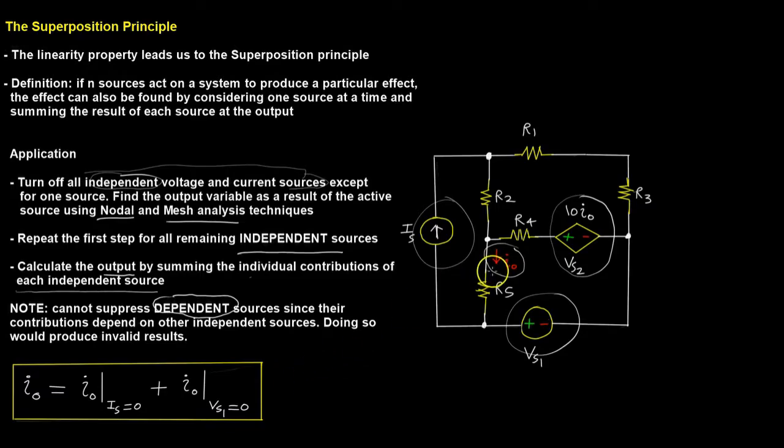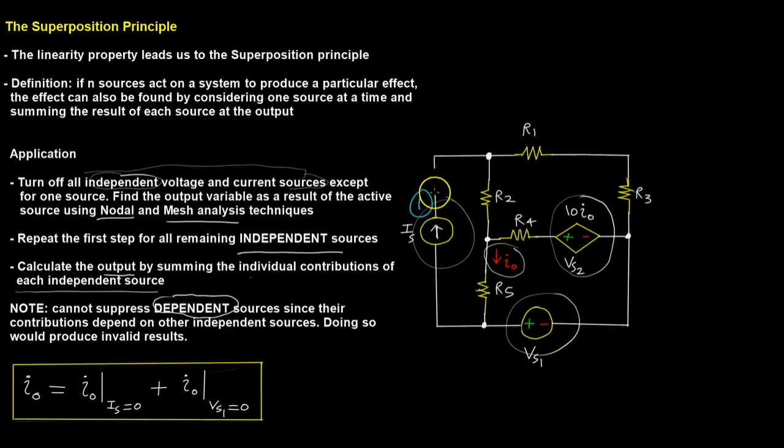We need to find Iout when I first turn off the current source, and the way we do that for current sources is we open them, so we simply break the connection so that no current can flow, such that it's 0. So that's the first case.